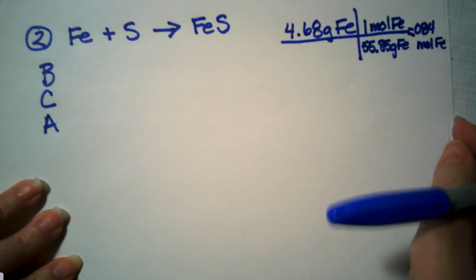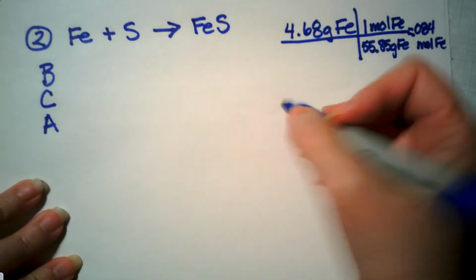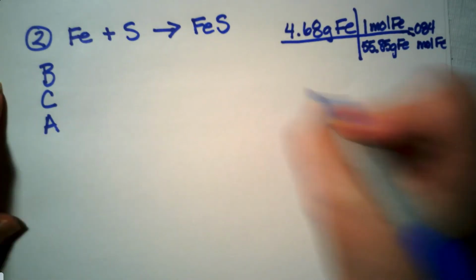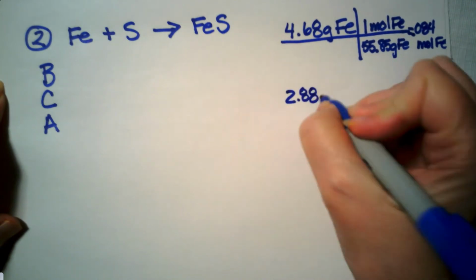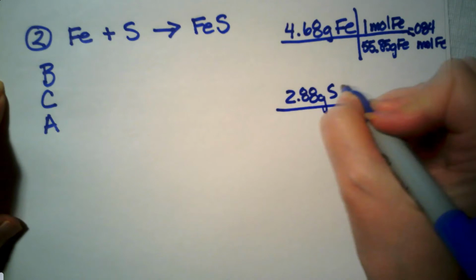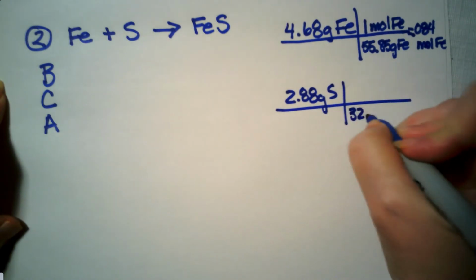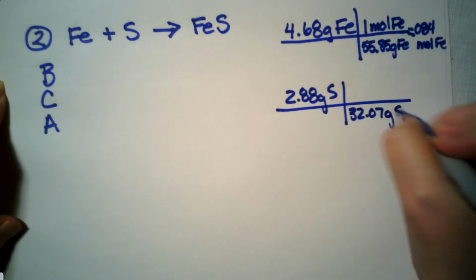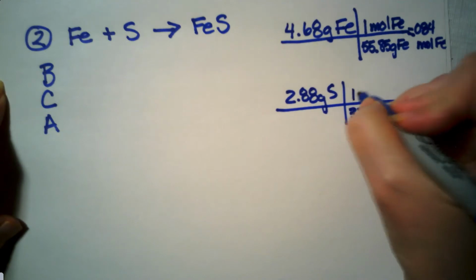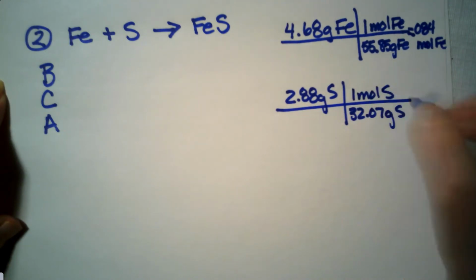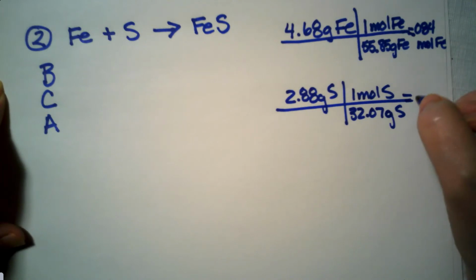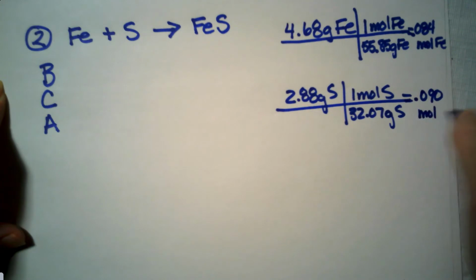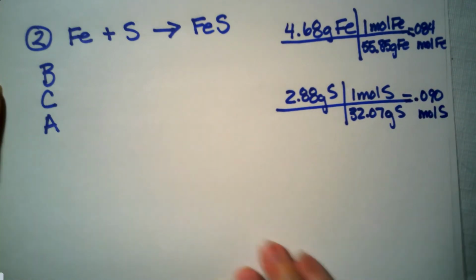Okay, then for sulfur, we have 2.88 grams of sulfur, 32.07 grams of sulfur from the periodic table is equal to 1 mole of sulfur, and that comes out to, when you round it, 0.090 moles of sulfur. Okay.